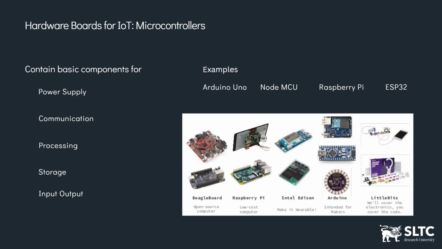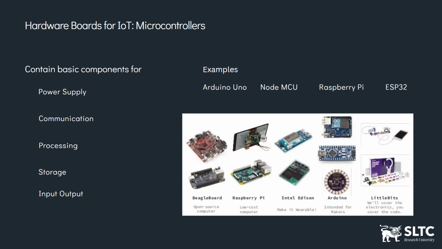These microcontrollers are able to take input and give an output. They have a certain amount of storage capability. They have a certain amount of processing ability. They have communication modules, and they can also store some power in that module to do the necessary computations.